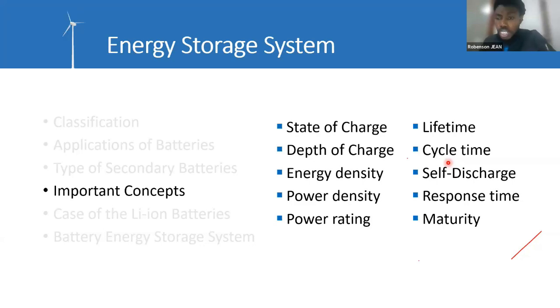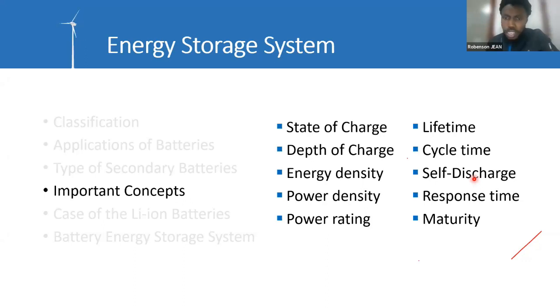Also, we have the self-discharge. This means that even when my battery is not connected, it can be discharged. And it is one of the advantages of lithium batteries, because their self-discharge is very, very low. Therefore, it is a very nice technology if someone is using a battery storage system for renewable energy.